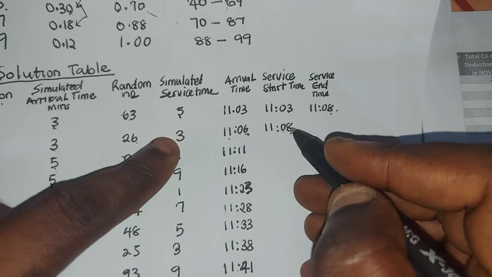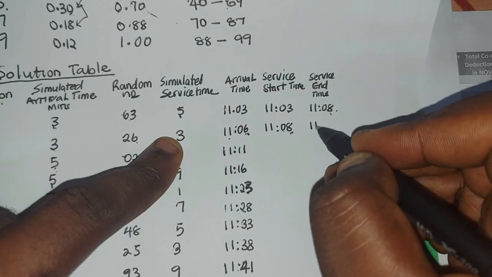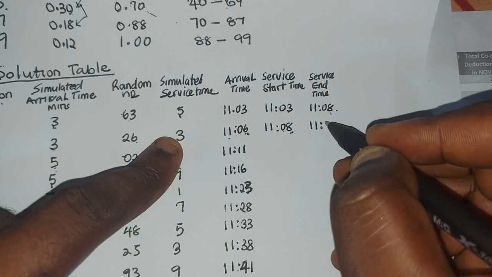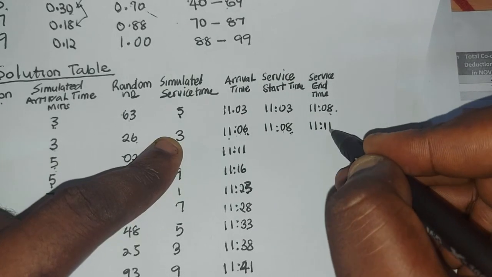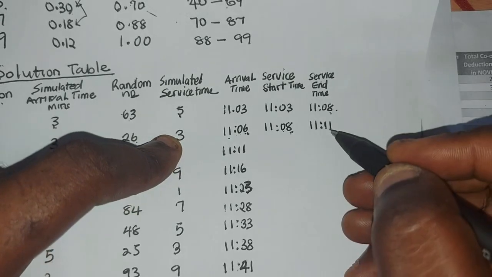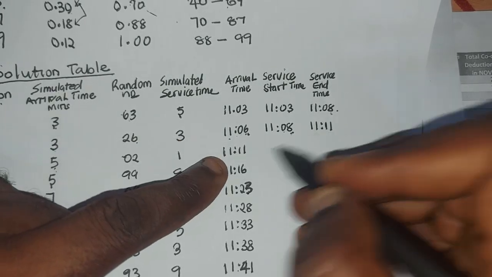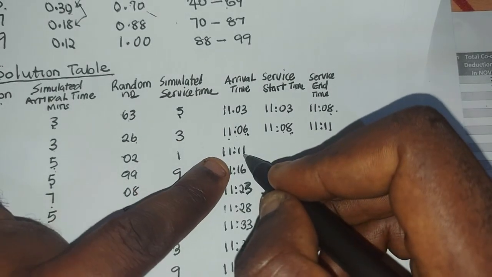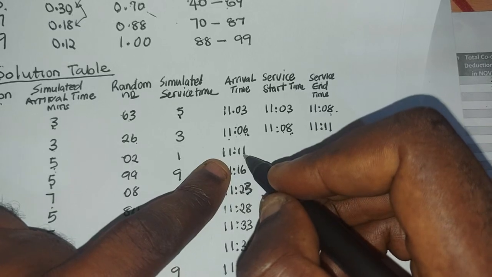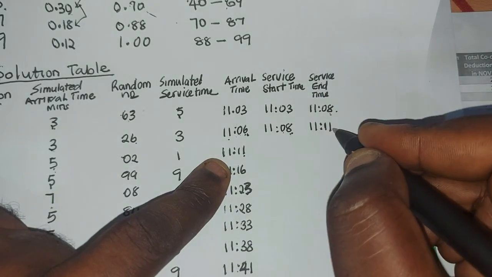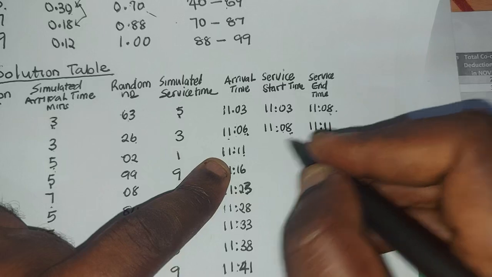Then he spent 3 minutes. Of course, he will stop the service by 11:11. All right. Now, as at then, the third customer has arrived, and the service stopped the same time.